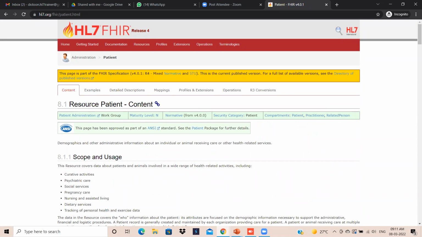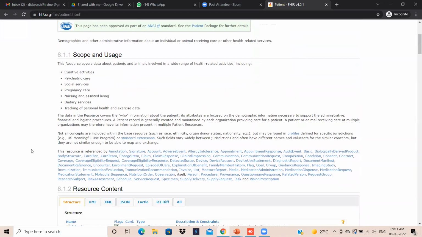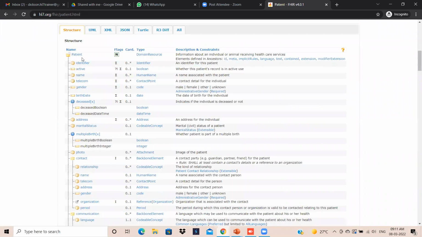When I click on the patient resource, it takes me to the patient resource section, and within this section, it tells me what data elements are involved in this resource. So what is a resource? As I said in the beginning, it is a combination of all the data elements of a certain category. When we're talking about patient, we will have all the elements pertaining to that patient.